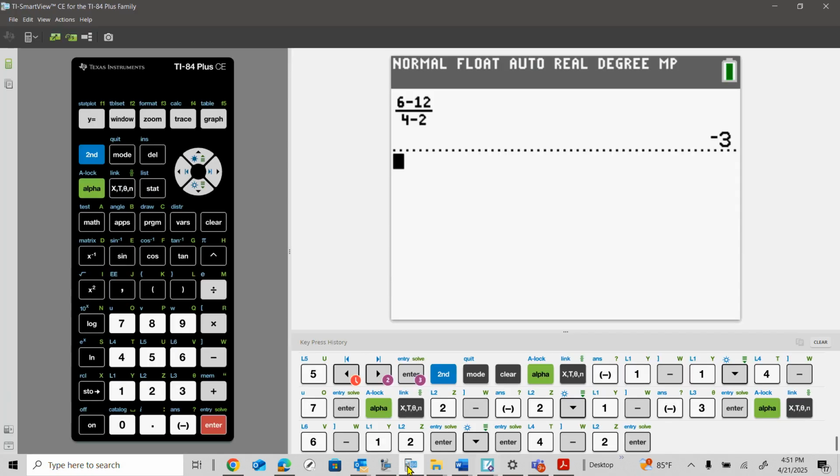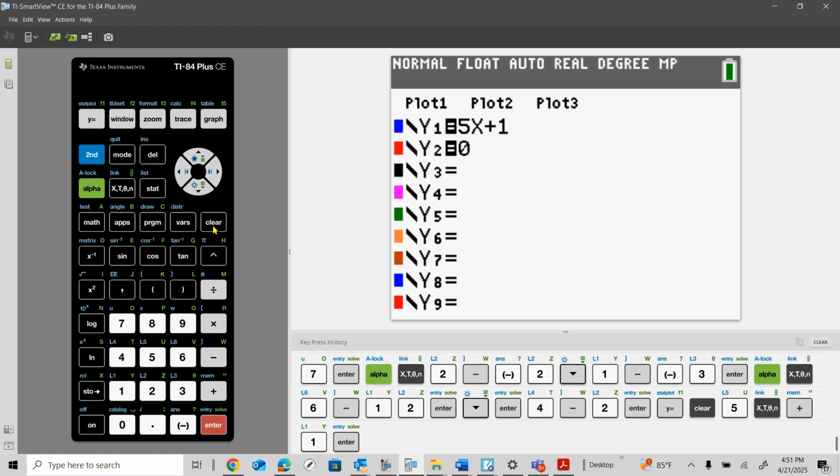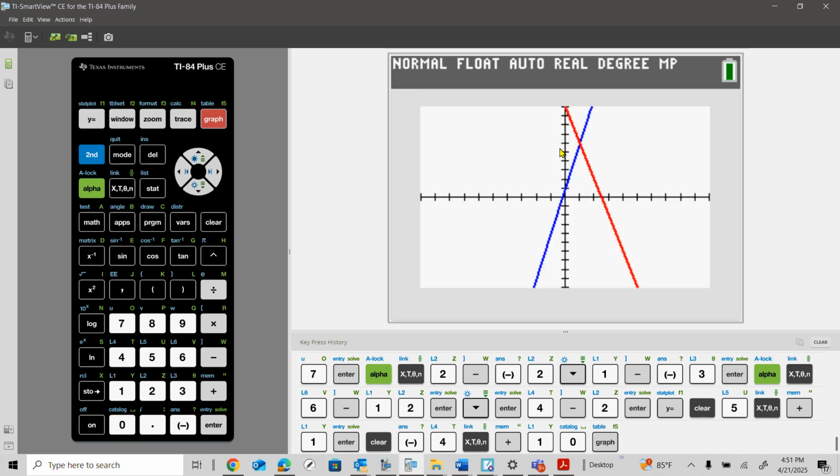So I'm just going to walk through it. Let me clear this out. We go to y1, which was our 5x plus 1, enter. Let me clear this out, and then we had -4x plus 10. We hit graph so we can see the lines. They have to be visible.